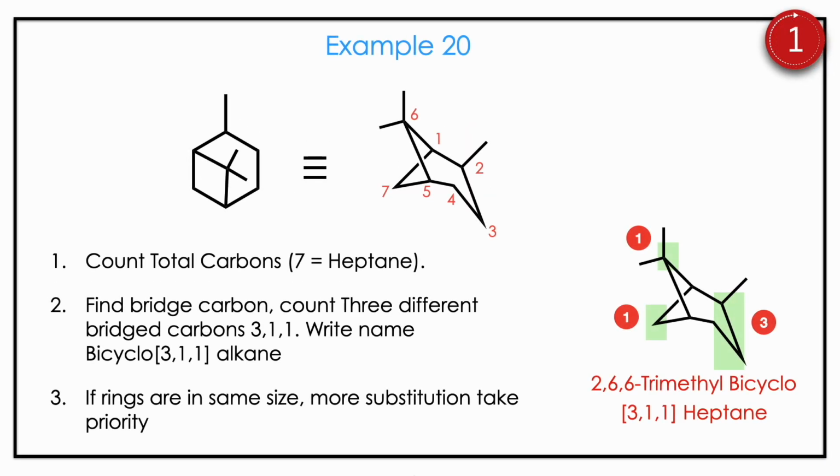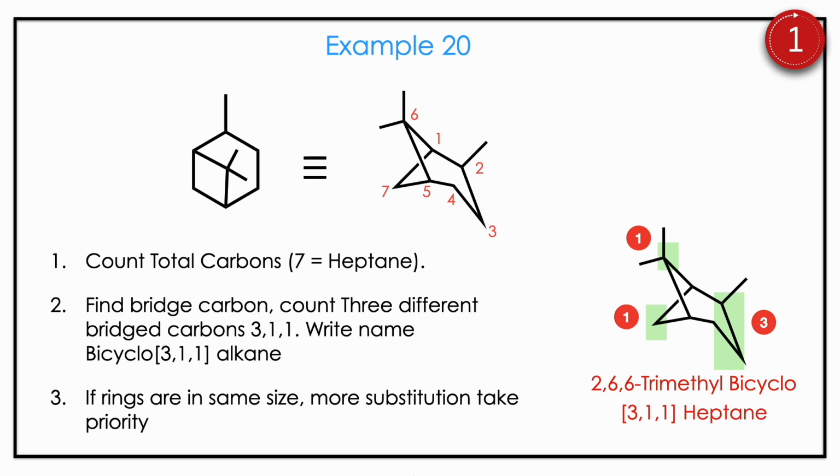Then example 20, camphor kind of architecture. Here you have a bridge with 2-methyl and side methyl. If you redraw properly for our naming, you have 3 carbon on one side, 1 on another side. Here big rings get higher priority. So first let us look at the total carbon atoms. It has 7 carbon atoms. You should not count methyl here. So heptane system.